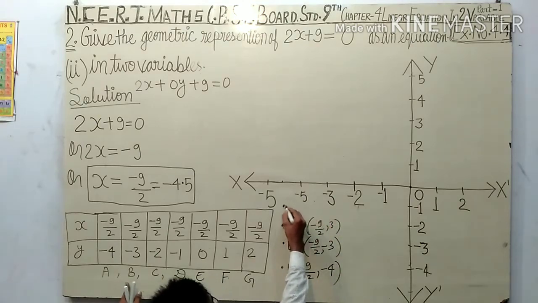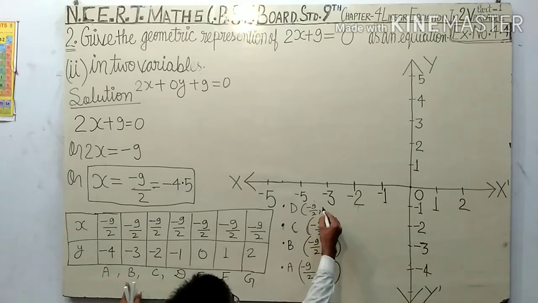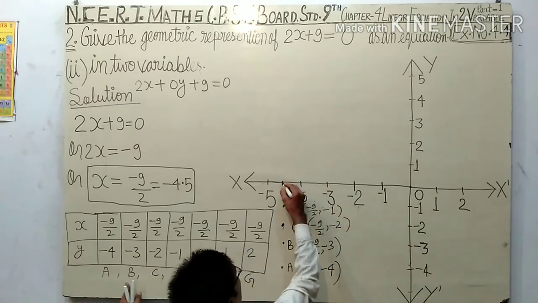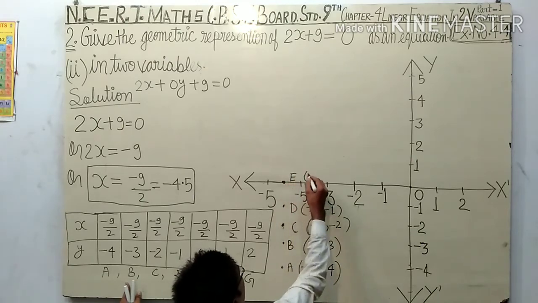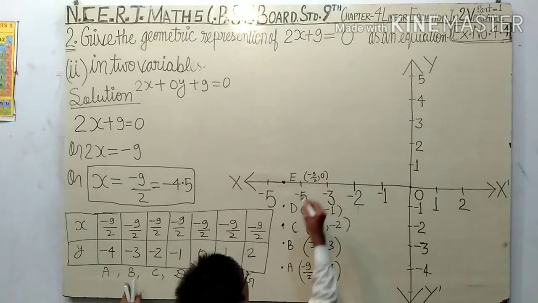Here point D with coordinates -9 by 2, -1, and this is point E with coordinates -9 by 2, 0.